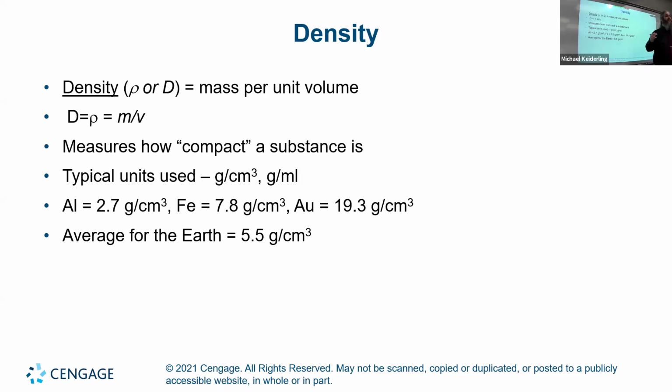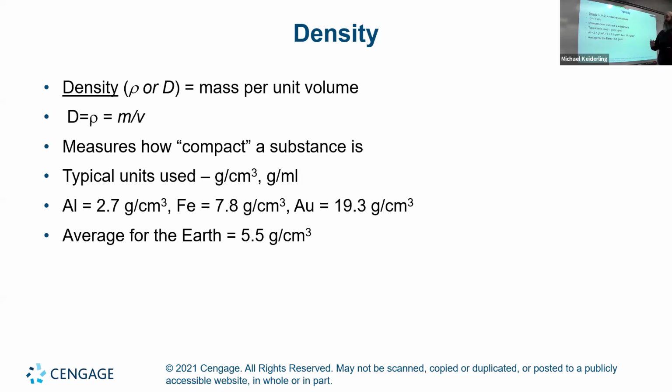It just turns out that that combination is awkward because the density of water is 1 gram per cubic centimeter. It's a nice reference. All these everyday things, like aluminum is 2.7 grams per cubic centimeter, iron is 7.8 grams per cubic centimeter, gold is 19.3 grams per cubic centimeter. These are nice, smallish numbers that people can deal with.